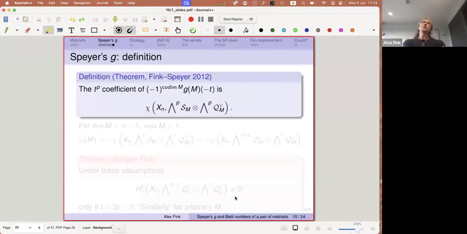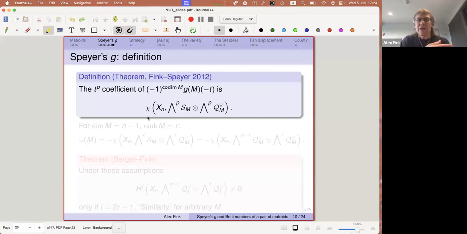So here's the definition of G, cast in the arbitrary matroid language. Coefficient-wise, to get a coefficient, you take a wedge power of S, tensor it with the same wedge power of the dual of the quotient bundle Q, and you take the Euler characteristic of this thing.